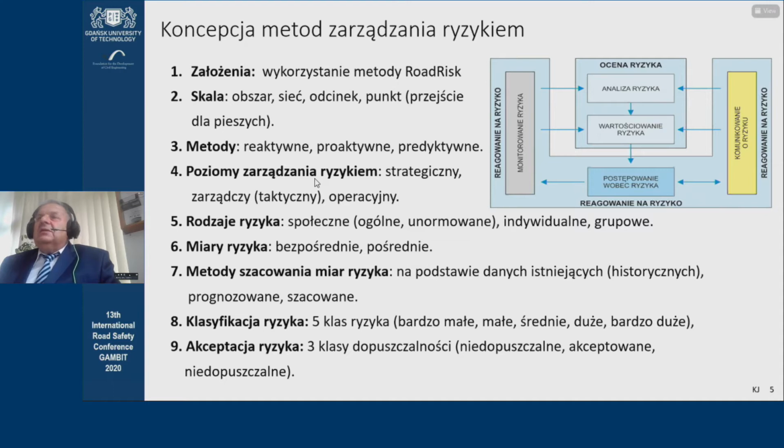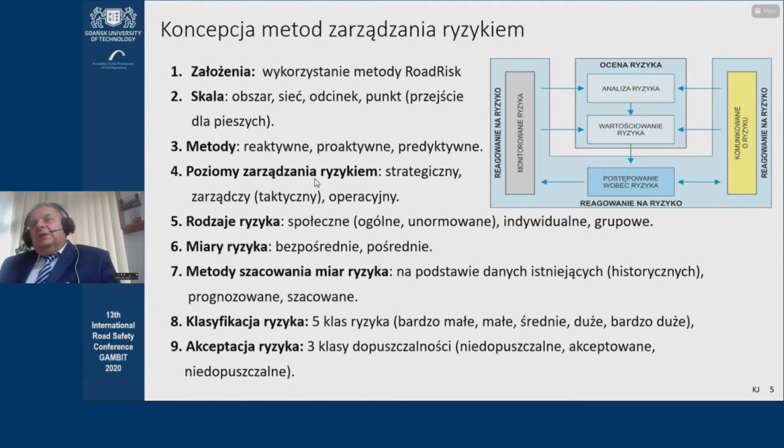And so this is the road risk method, where we have risk assessment and risk treatment. Different scales. It's an area, network, section, point, pedestrian crossing. Methods: reactive, proactive, predictive.